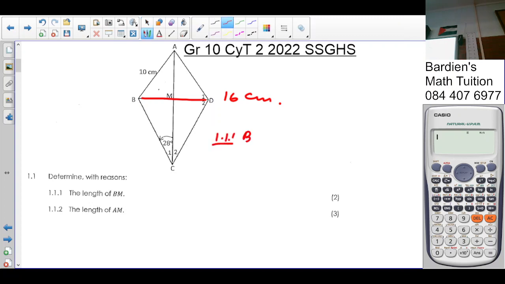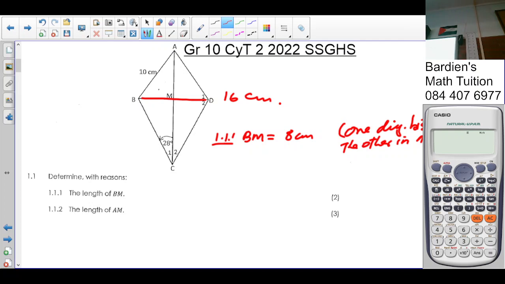The length of BM is equal to 8 centimeters, and the reason for your second mark is: one diagonal bisects the other in a kite. You can't say properties of a kite.